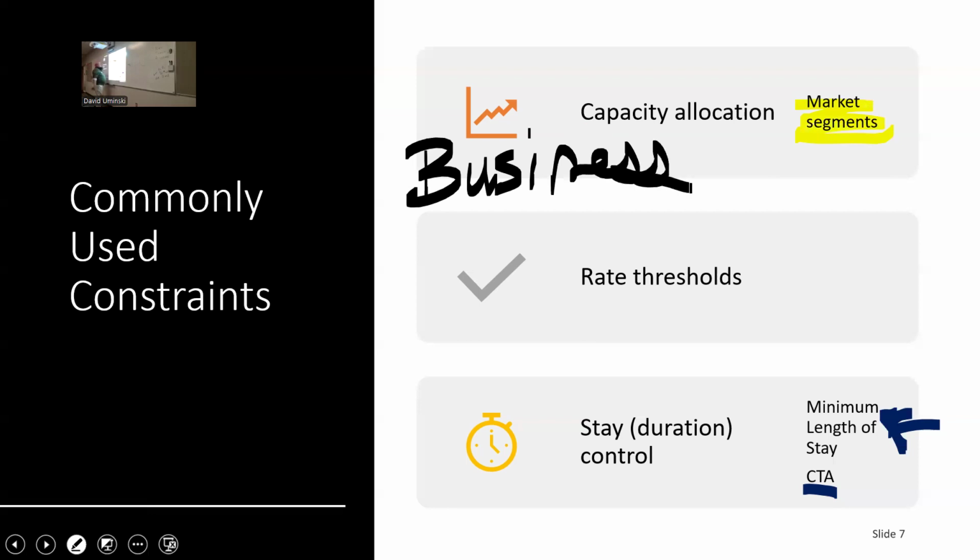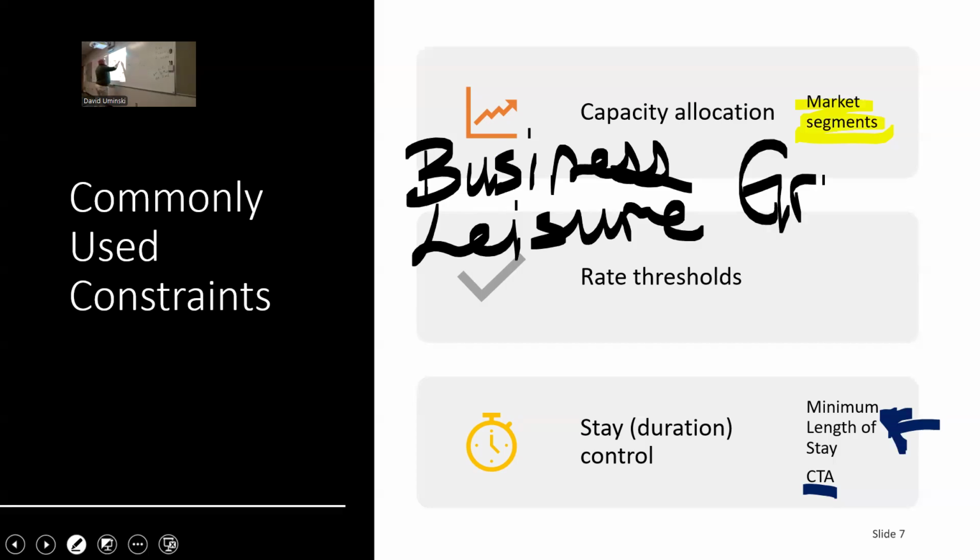What's the next one? Leisure. Leisure, okay. And group. So those 3 types of markets, as a revenue manager, you can say, what is my allocation?